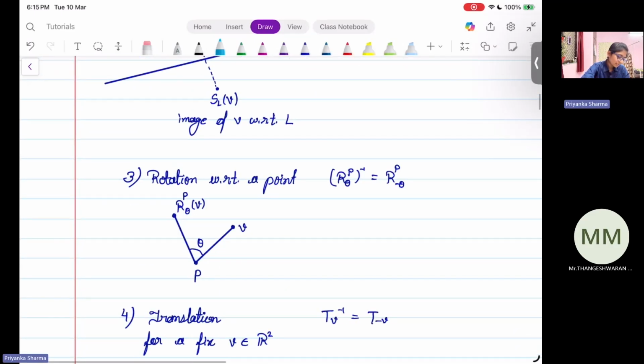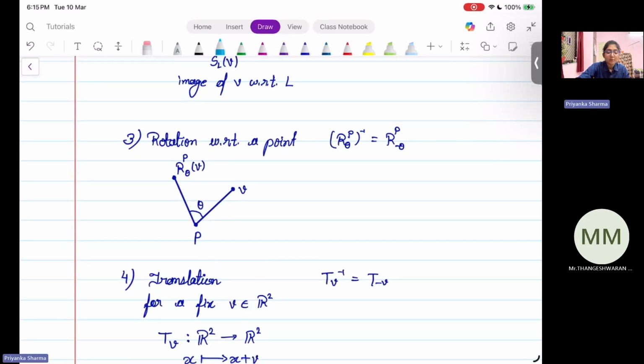Third category is rotation, rotation with respect to a point. Say this is the point P in R square, and we want to find the rotation with respect to this point. Say V is an arbitrary point in R square. We need to find its rotation with respect to this point, so we join V with the point P. This is the line segment VP.